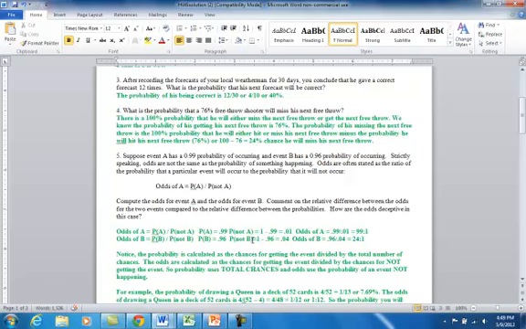Number 4, what's the probability that a 76% free throw shooter will miss his next free throw? Well, he's got to either miss it or make the next one. So we know the probability of his making his next free throw is 76%. So we want to figure out what's left. If 76 out of 100 times he makes his free throw, then how many is he missing?